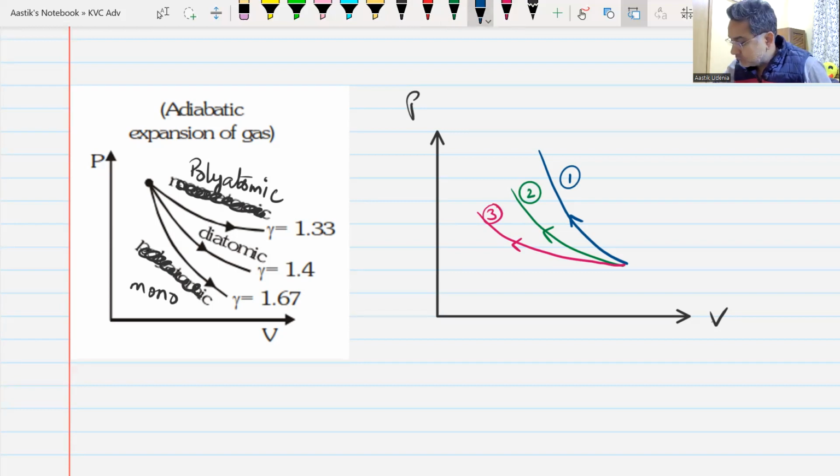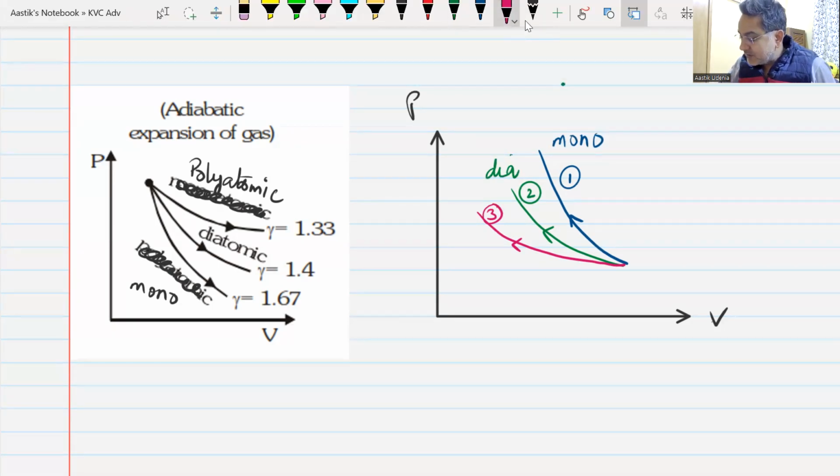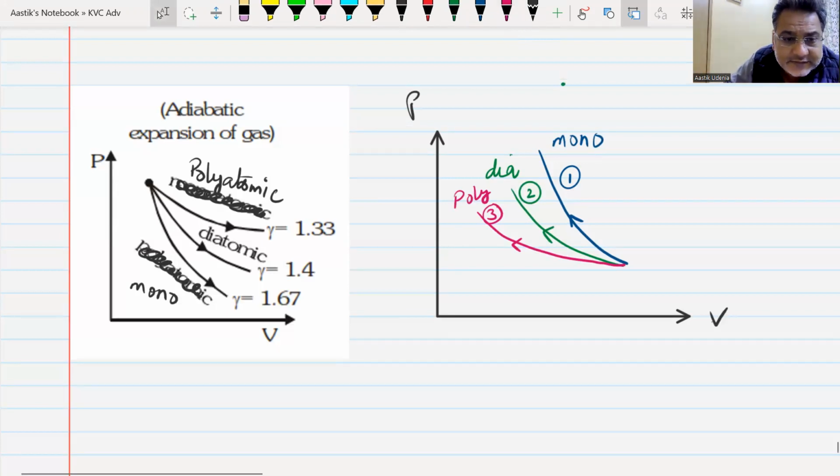First one is monoatomic, most steep. Then it is diatomic, and then it is polyatomic. The steeper graph is always for the monoatomic gas. We understand this?